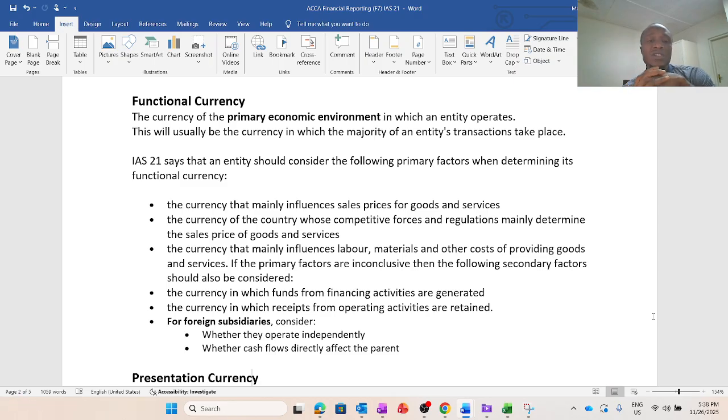Another factor we need to consider is the currency of the country whose competitive forces and regulations mainly determine the sales price of the goods and services.